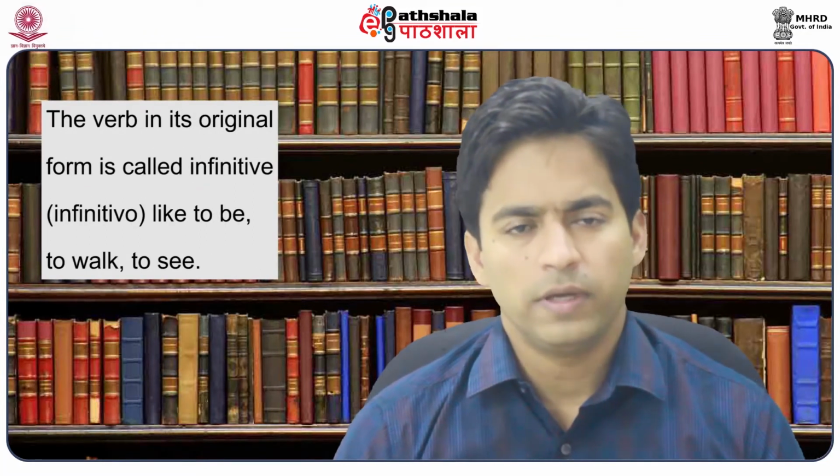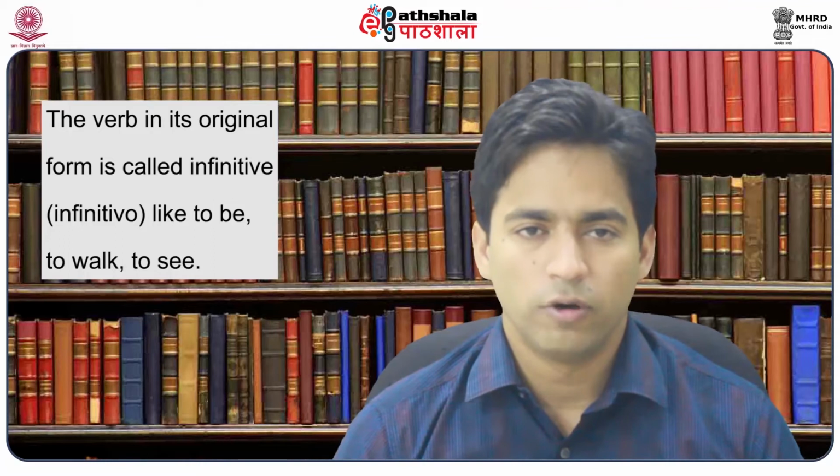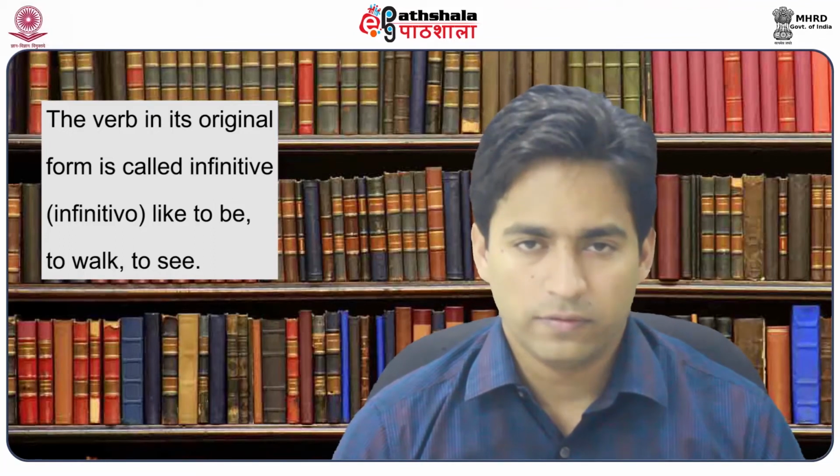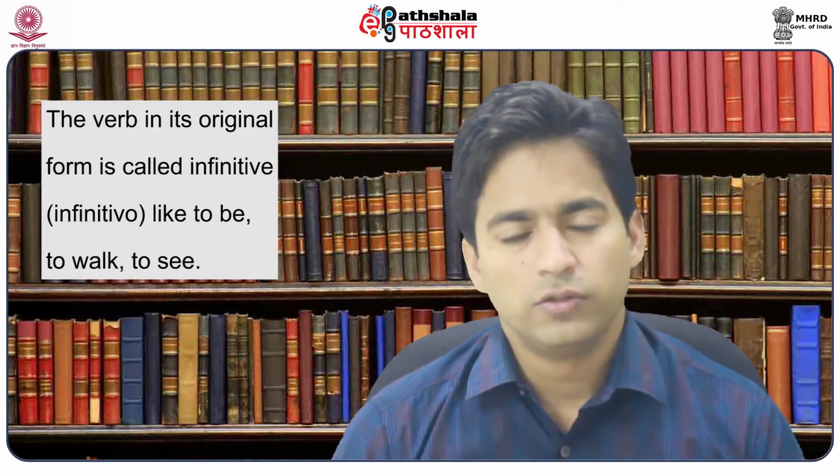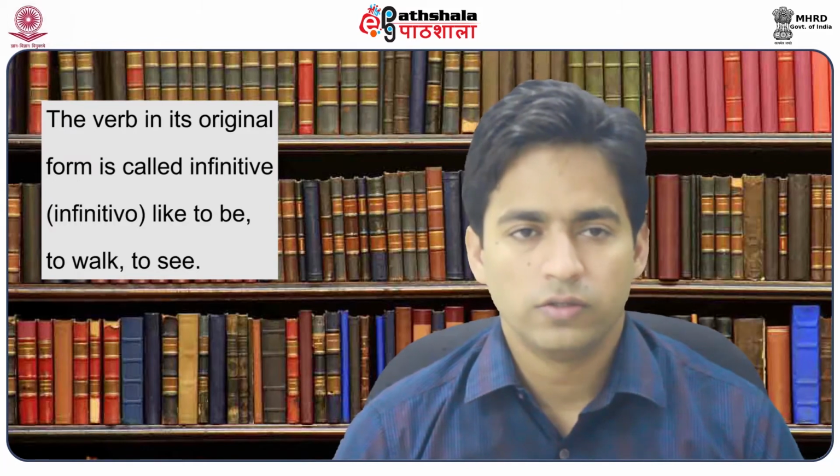But the verb in Spanish in its original form is called infinitive. Like in English, we say to be, to walk, to see, etc. So if we talk about Spanish, we will say that these verbs are in infinitive. That refers to the verbs which are not conjugated.